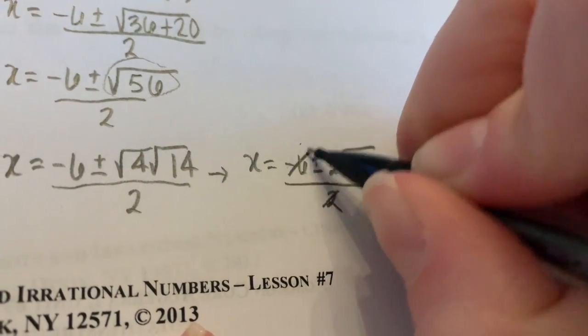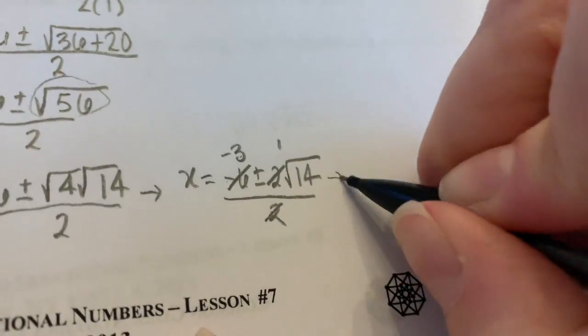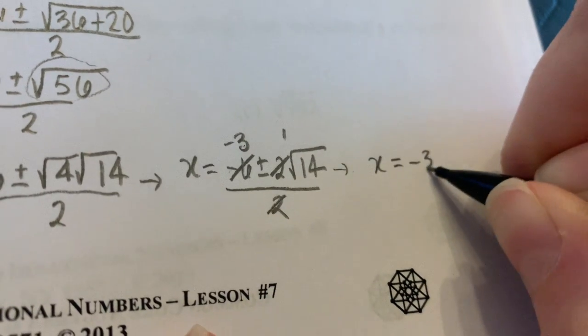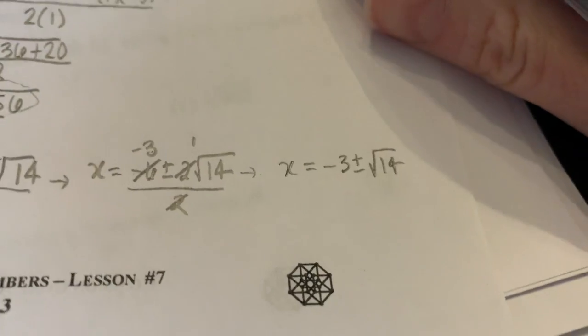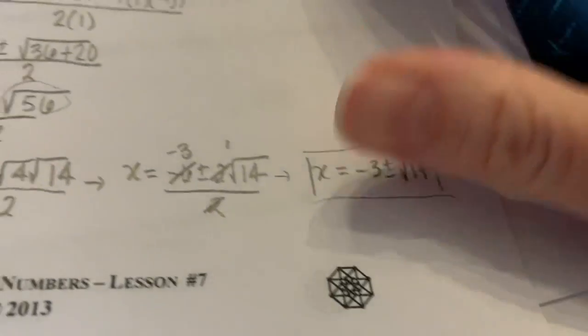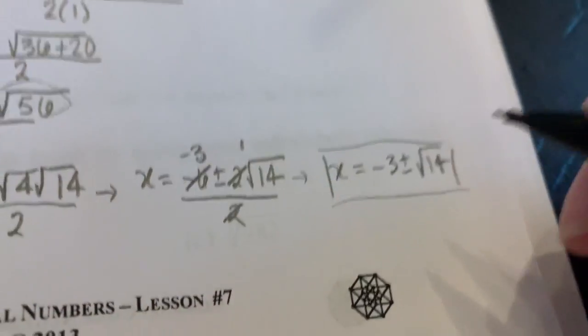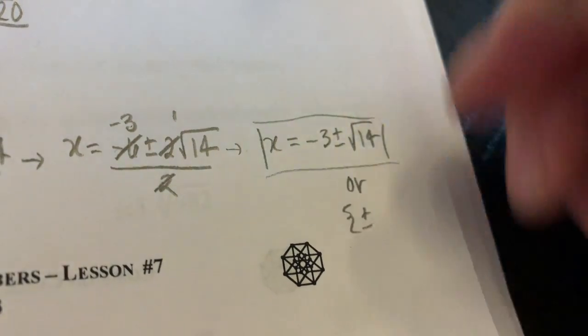So 2 goes into negative 6 negative 3 times. 2 goes into 2 1 time. So this is x equals negative 3 plus or minus the square root of 14. And that's your answer right there. And if you were to write that in the brackets, it would look like this. Oops, sorry.